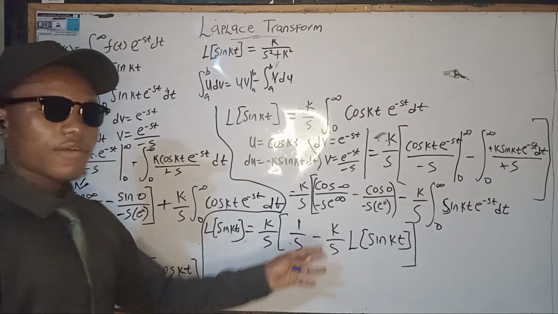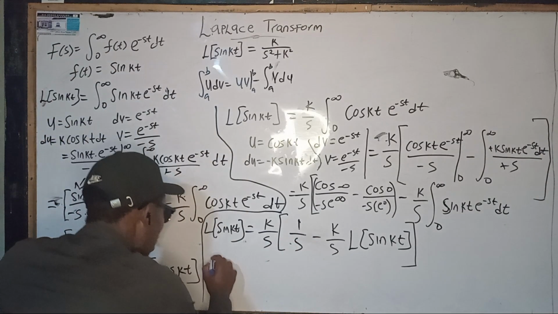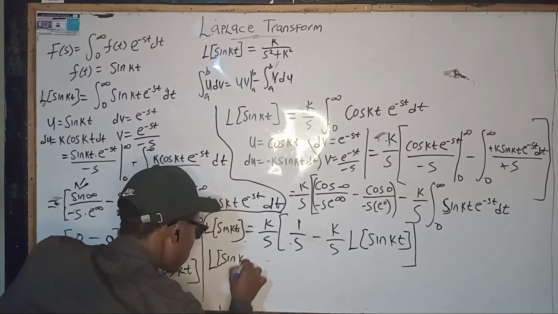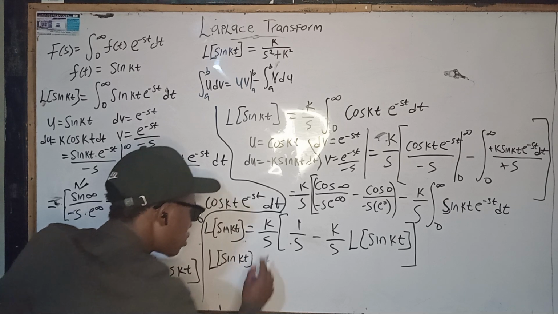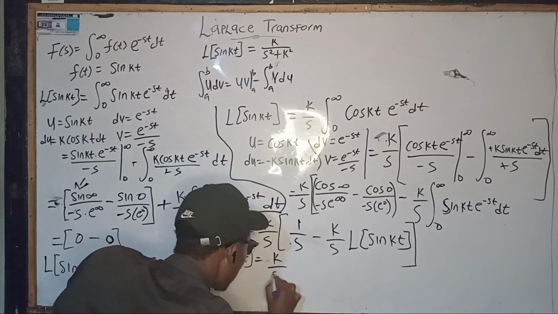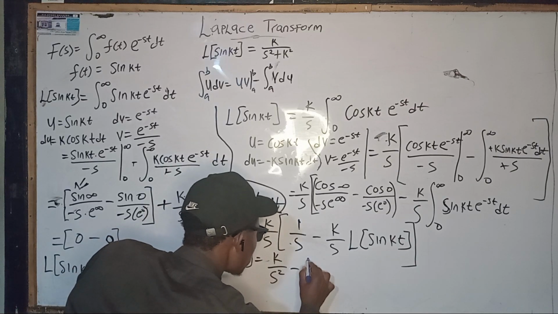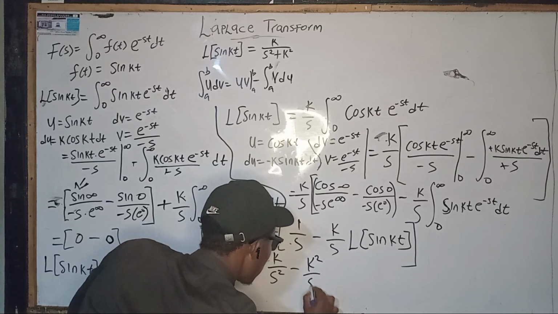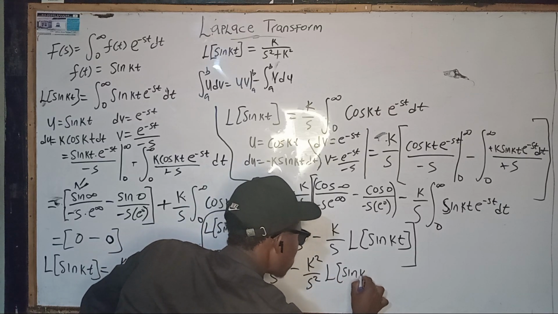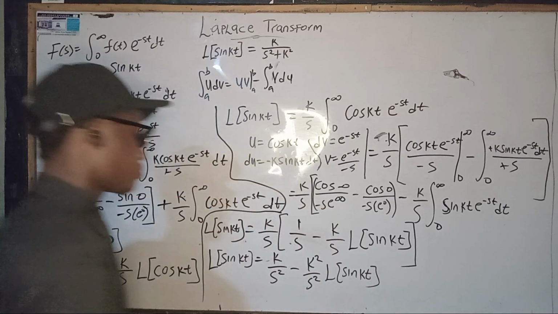So therefore, I will have to simplify this a little bit. I will have my Laplace transform of sine kt on this other side. Now expand the bracket. We have this as k over s squared minus k squared over s squared Laplace transform of sine kt.